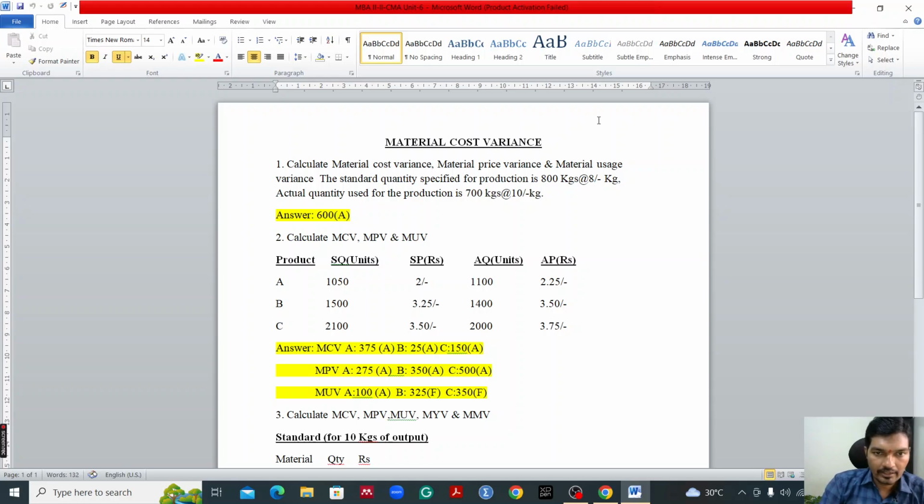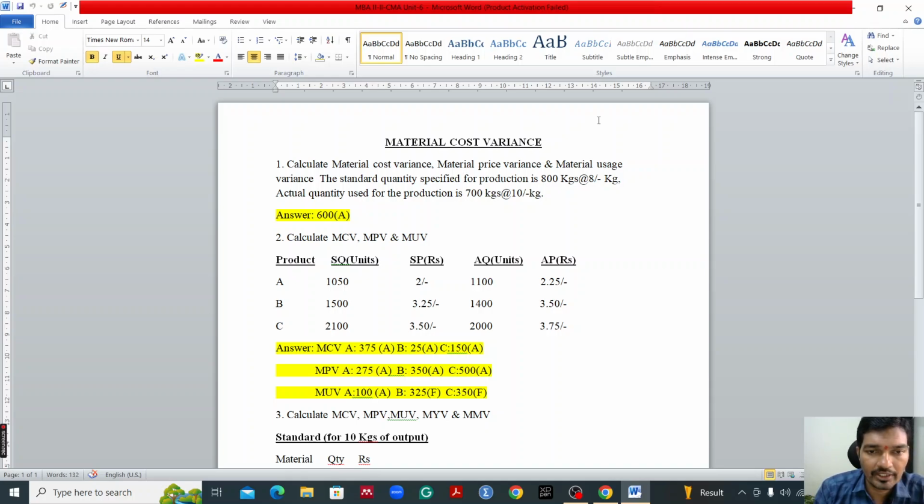Calculate material cost variance, material price variance, material usage variance. The standard quantity specified for the production is 800 kgs. The standard price is 8 per kg.